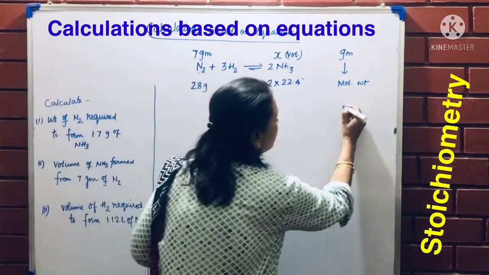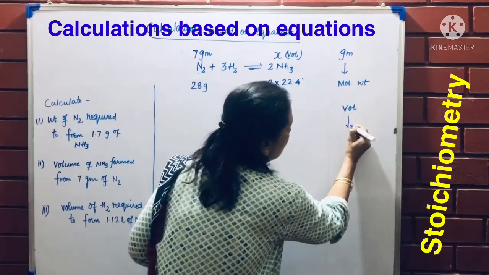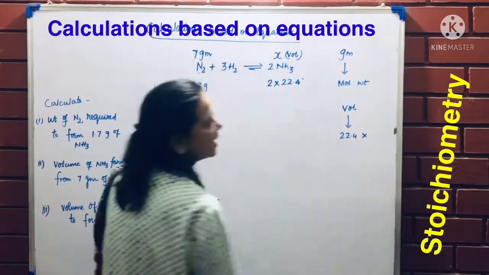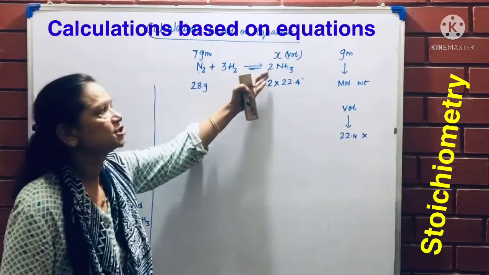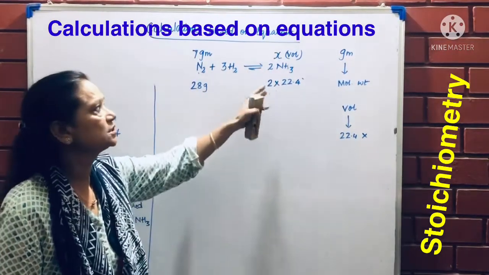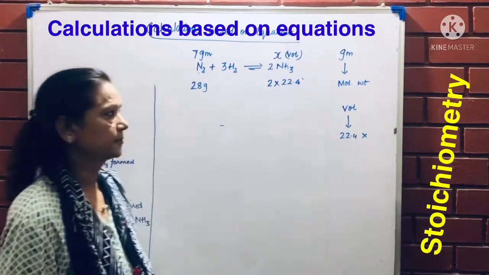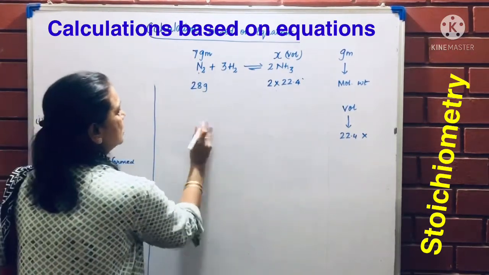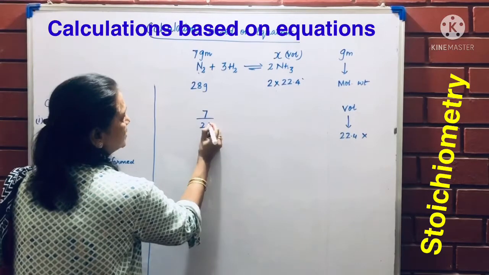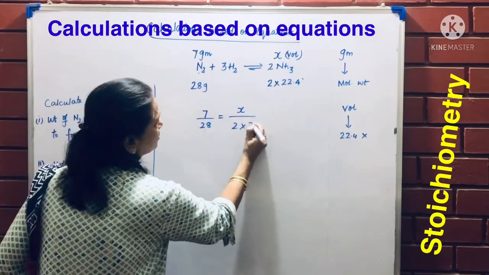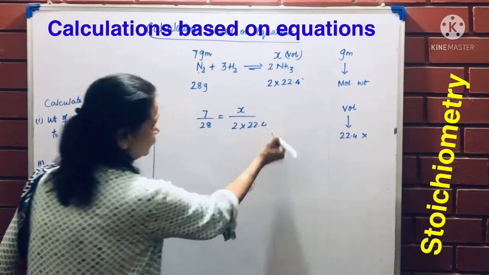So when there is volume, below that should be 22.4 liters multiplied by the stoichiometric ratio that is here. In a balanced equation, whatever number is written here, write down that number here. So now again same, I'll say 7 upon 28 is equal to X upon 2 into 22.4.